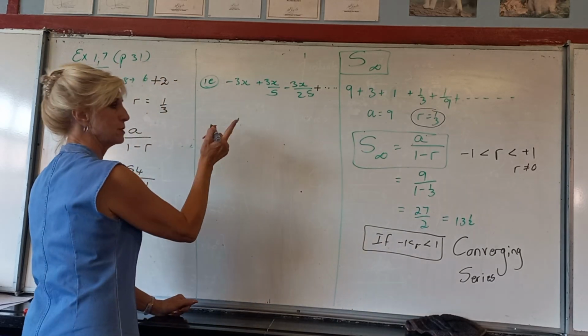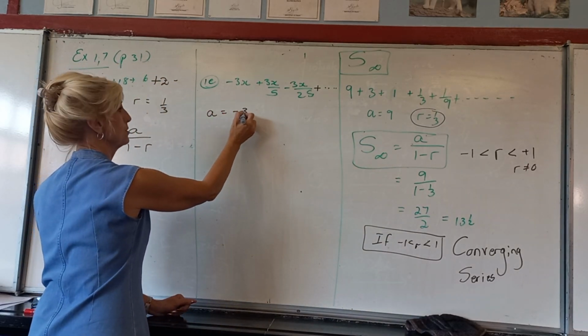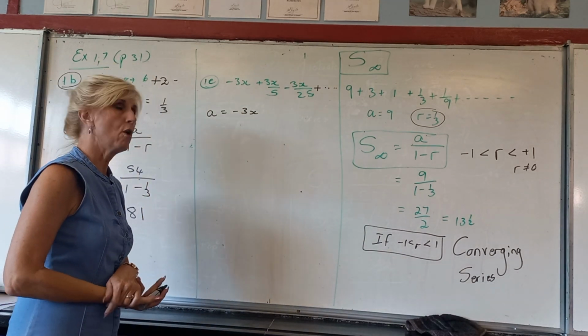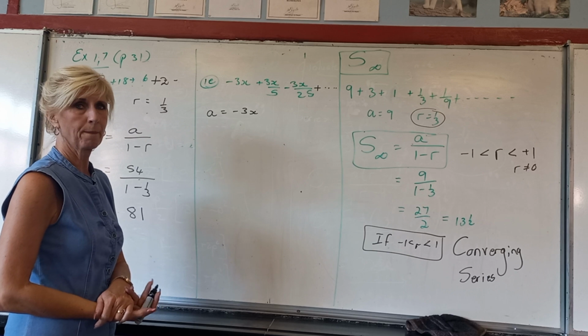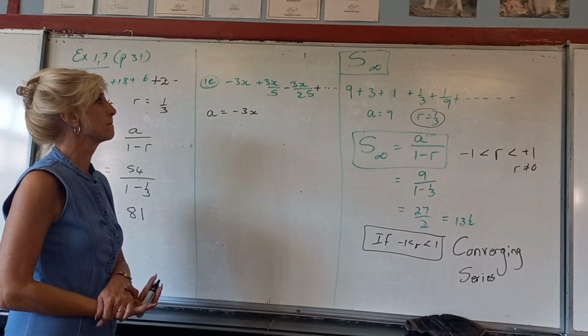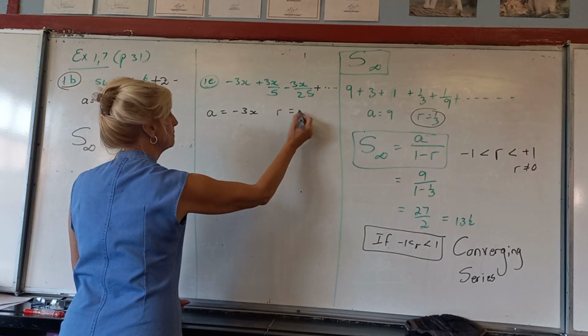Is it? First of all, what is a? I'm so sorry, but there's an x. Can't do anything about that. Your r value though is, you are dividing by 5, you're quite correct. But what would it be?